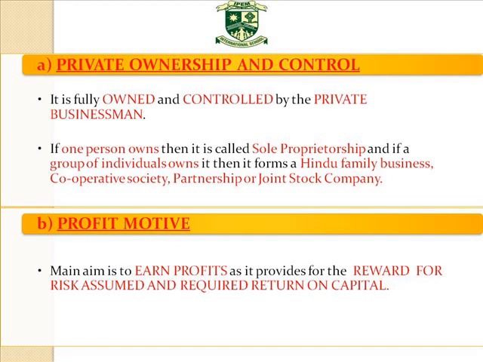Now, if you go back to the second point of the meaning of commercial organization, it stated that these organizations can be owned by a single person or by a group of people. According to that point, we will understand the second point under private ownership and control.